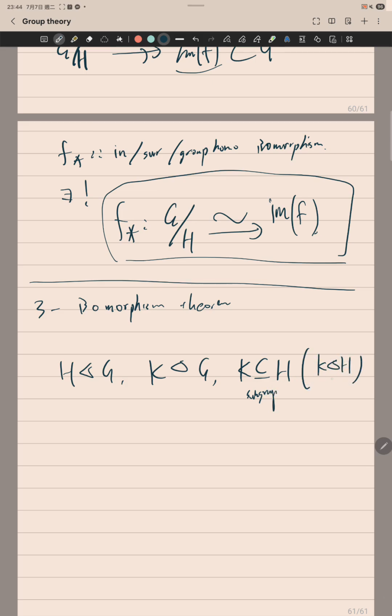Because K is a normal subgroup of G, so K will be normal in any subgroup between K and G.